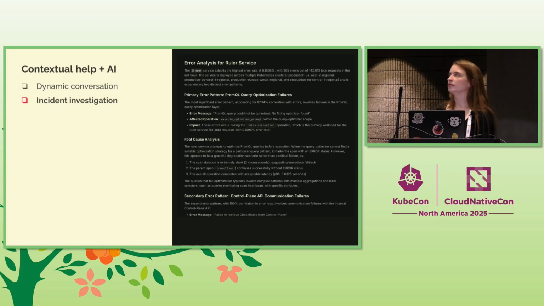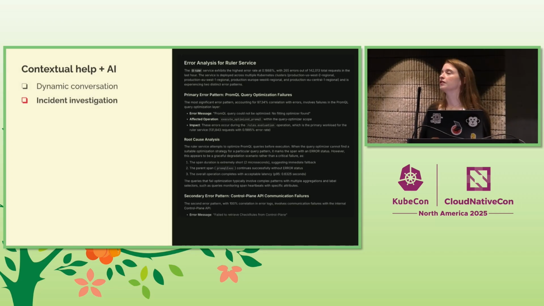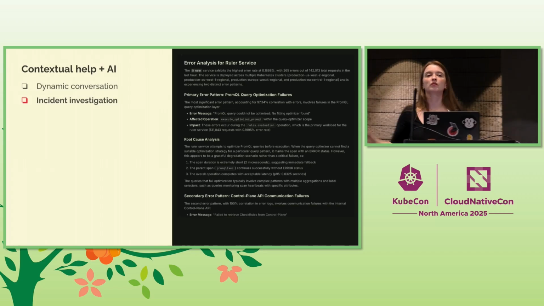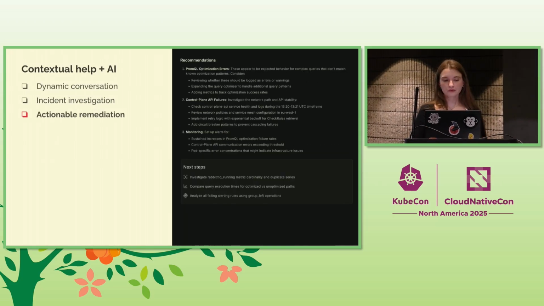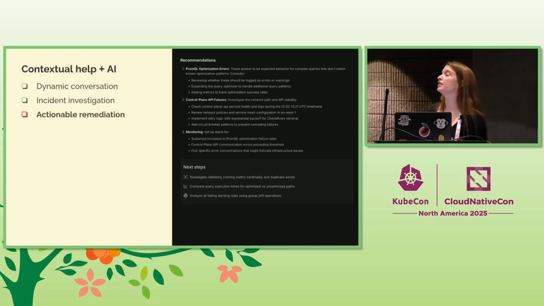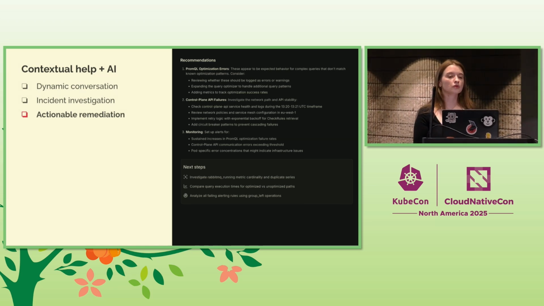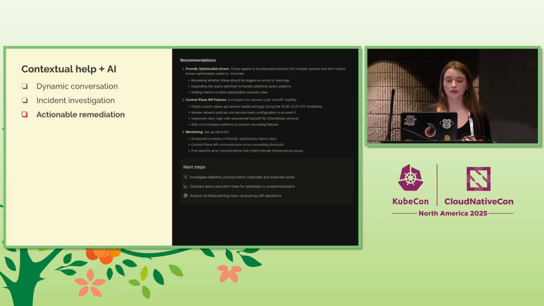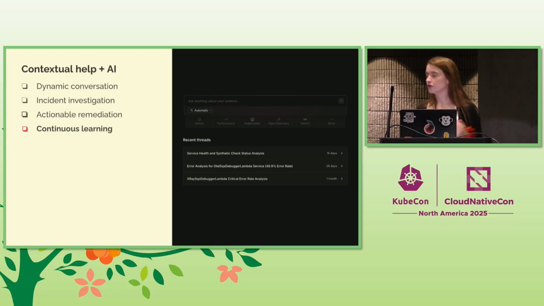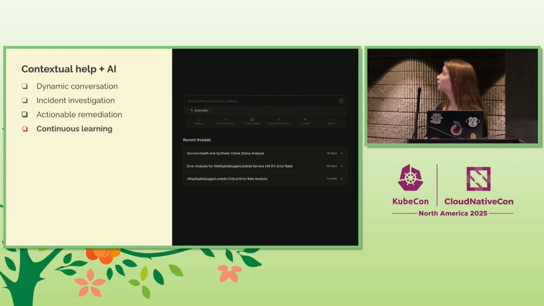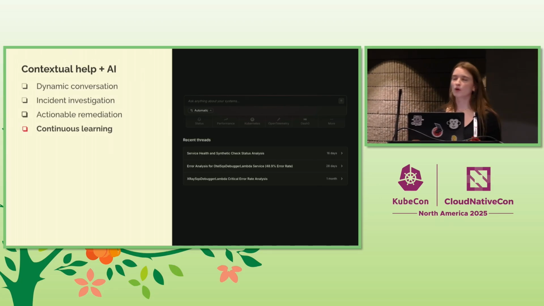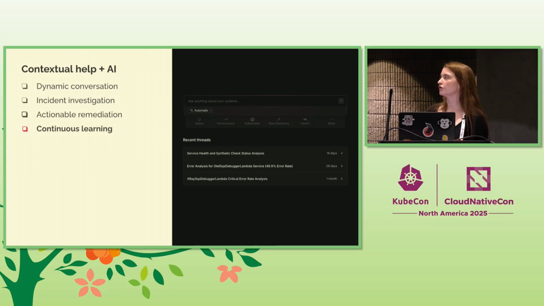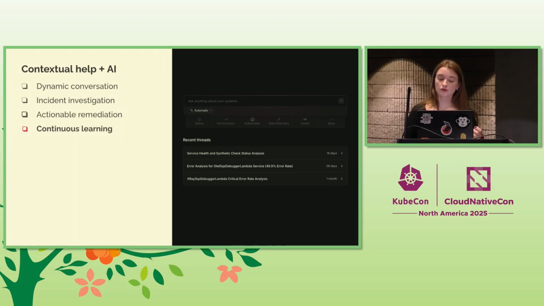And this helps for a lot of things like incident investigation, because you can get a full report of what's going on, the root cause, and patterns. And also gives you actionable remediation. It's not fixing the problem, but it's helping you to understand why and how to move forward. And yes, you're continuously learning from it, and it's learning from you. So next time you ask a question, it will at least understand what you need to do next.